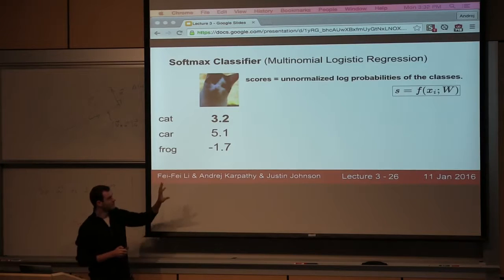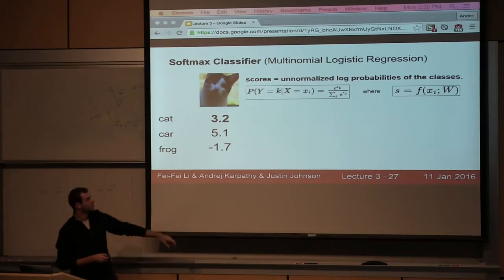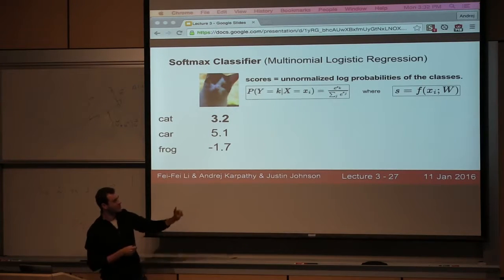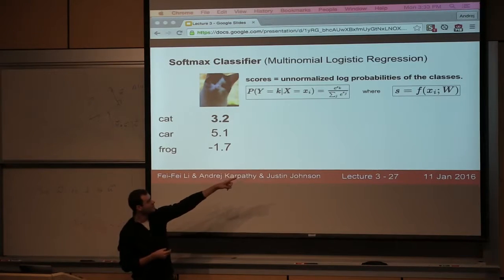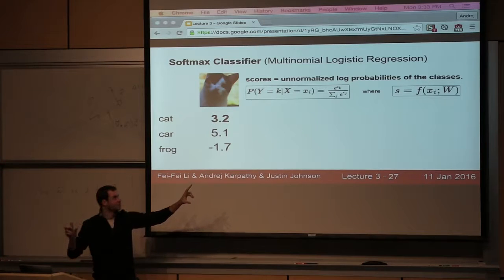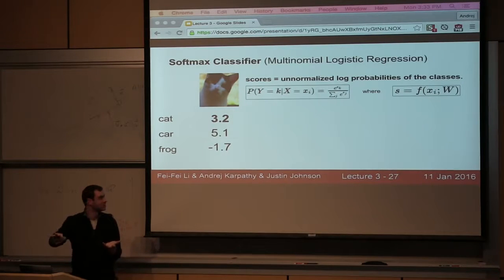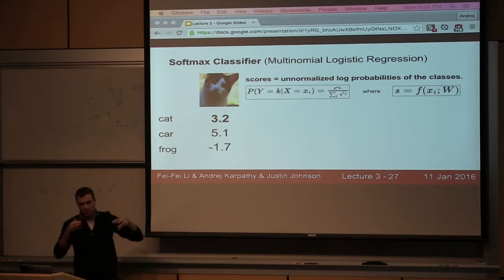So these are unnormalized log probabilities of all the y's given the image. In other words, if the scores are unnormalized log probabilities, then the way to get probabilities of different classes, like class K, is that we take these scores, exponentiate them to get the unnormalized probabilities, and normalize them by dividing by the sum over all the exponentiated scores.